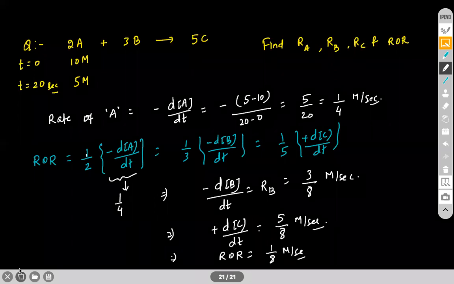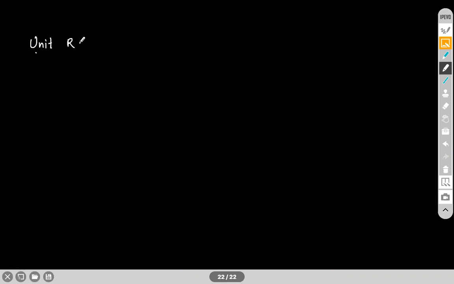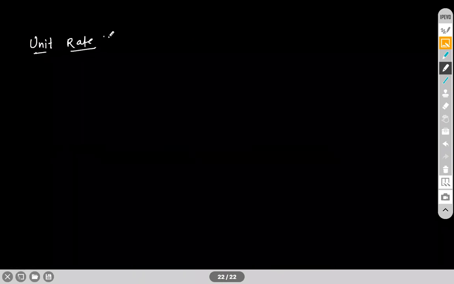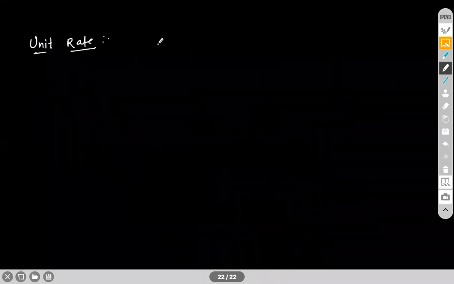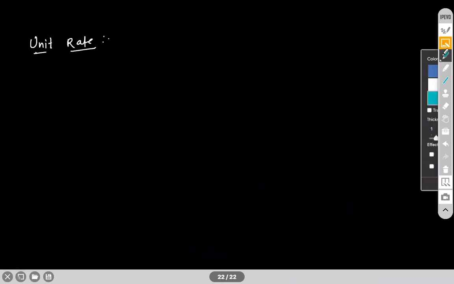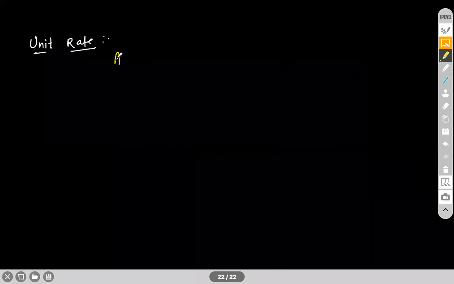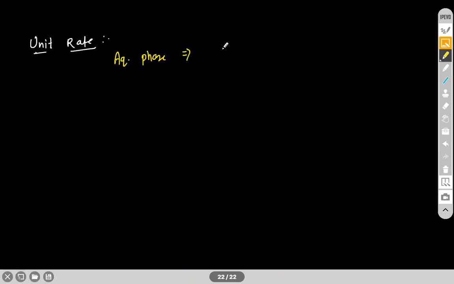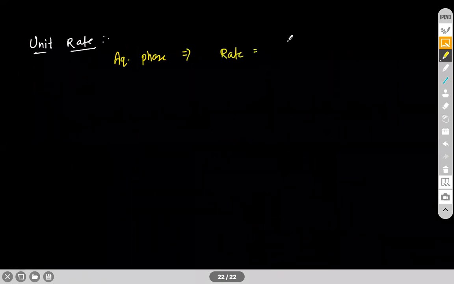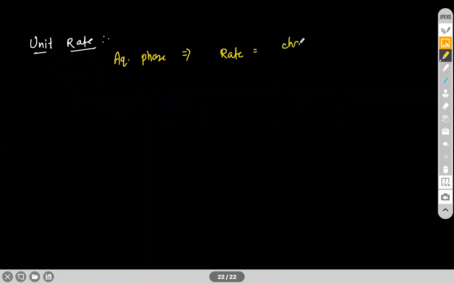Now one last thing we'll discuss here, which is the unit. Unit of rate is what? For aqueous phase, we know molar per second. Rate is equal to change in concentration by time.